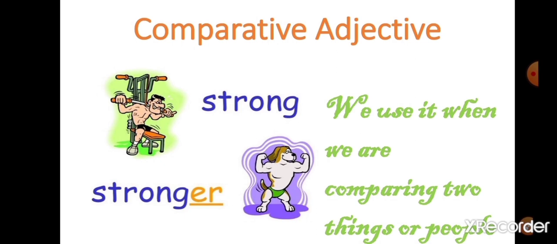Keep this in mind. In comparative adjectives, we compare only two things. Here also you can see in the picture. Strong, stronger. So this strong, stronger is the comparison between only two things or persons.